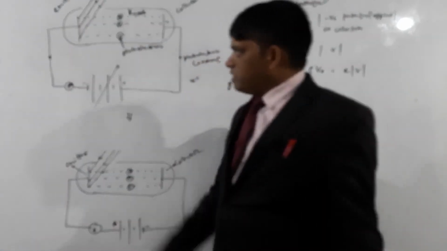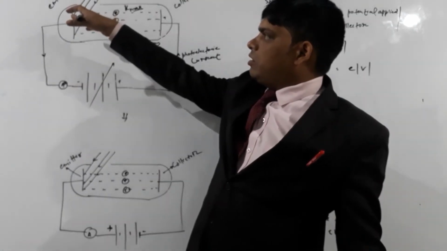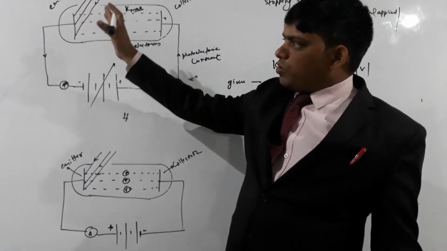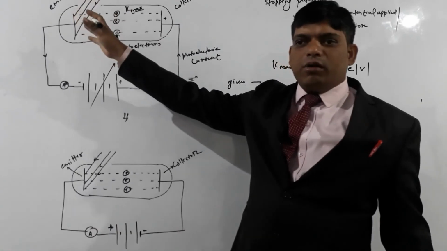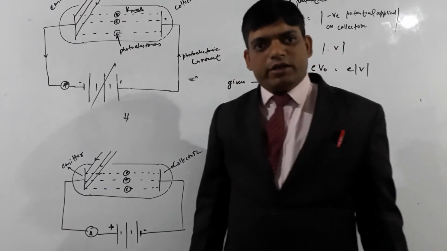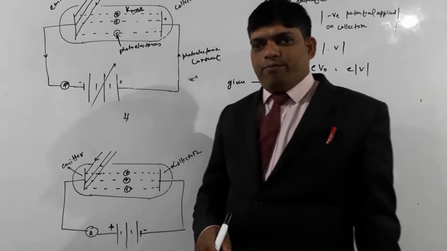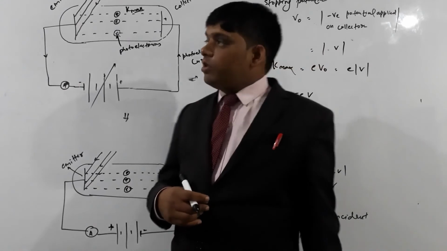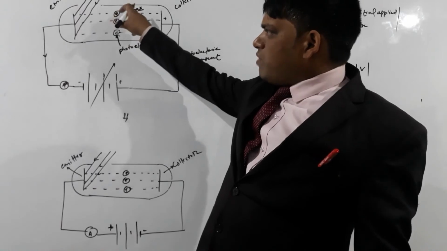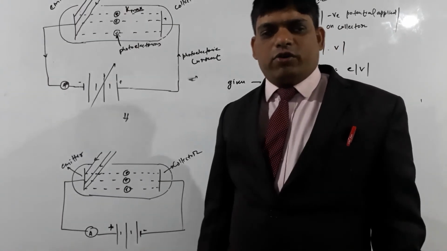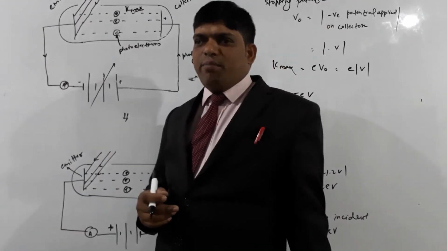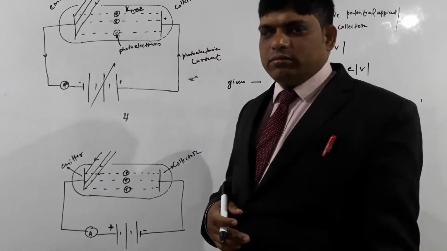If the intensity of the radiation falling on the emitter is increased, then the number of electrons ejected from the emitter per unit time will increase, due to which the photoelectric current will increase. But the frequency of the incident radiation only determines the maximum value of the kinetic energy of the photoelectrons, and it will not affect the magnitude of the photoelectric current.